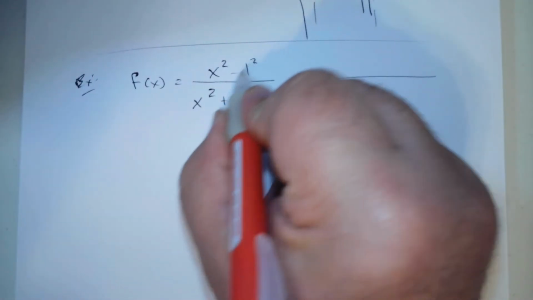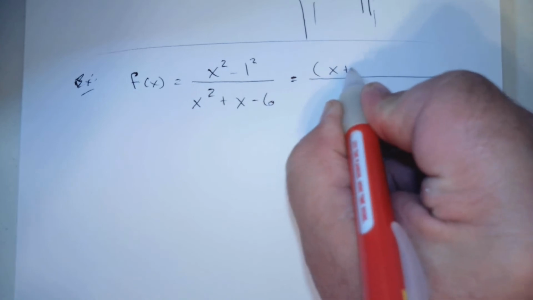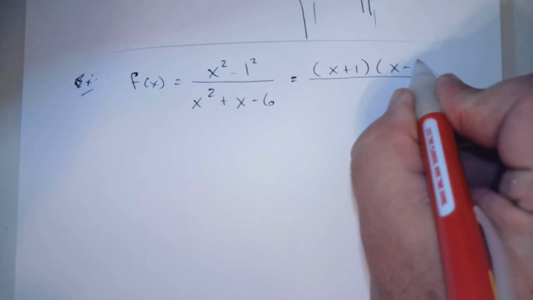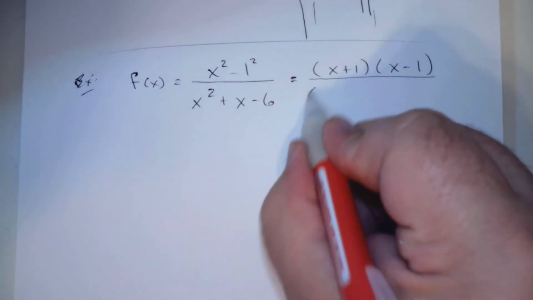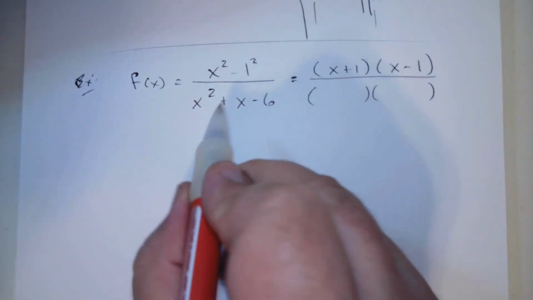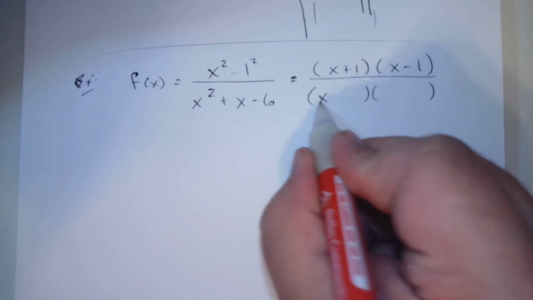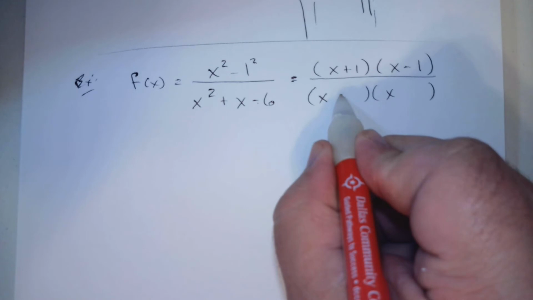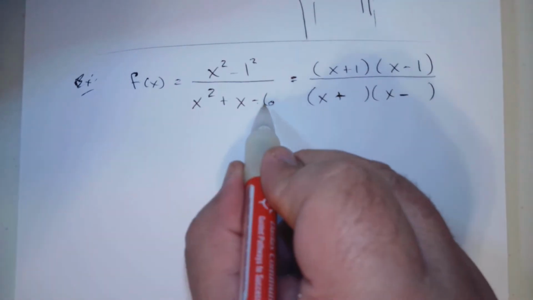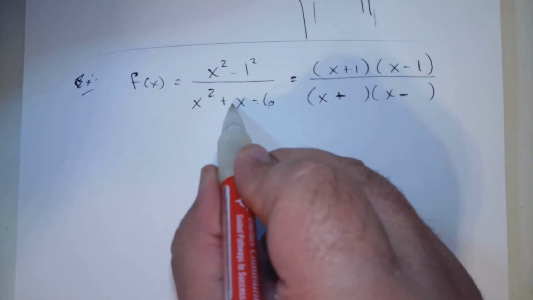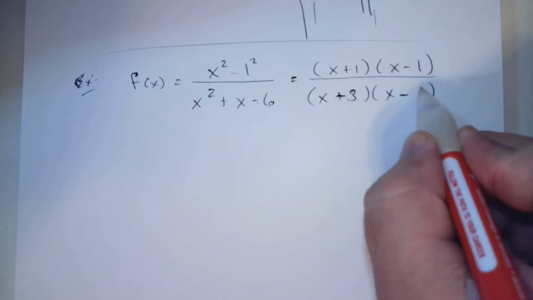Since this is a difference of two squares, we have (x plus 1)(x minus 1). For the bottom we have x and x, opposite signs. What times what is 6 when you subtract them? You get 3 and 2.